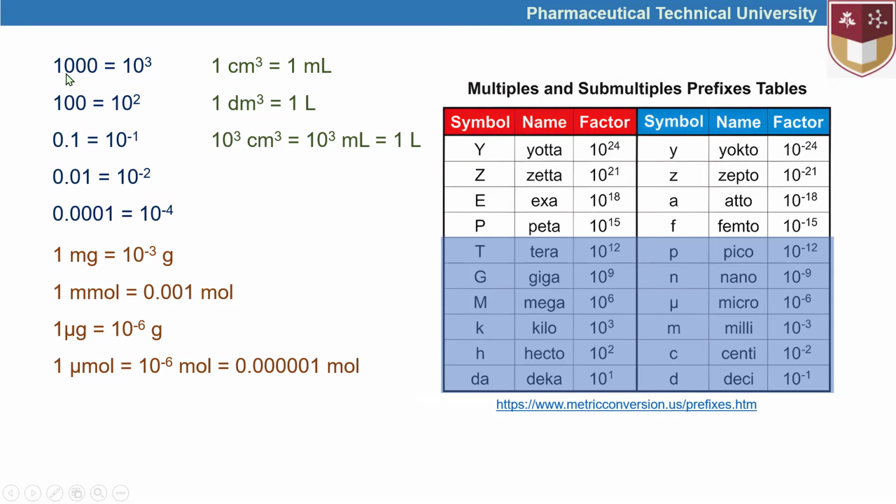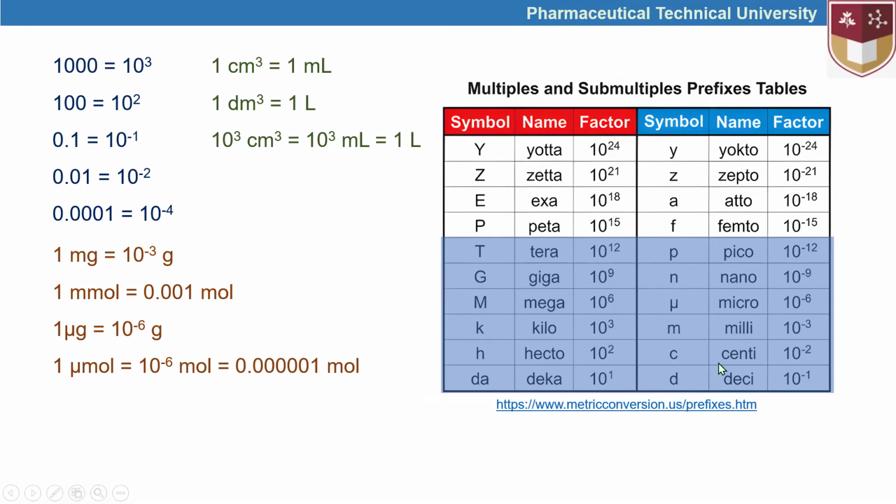zeros after 1. And vice versa, if we have 10 to the power of minus 2, it means before 1 there are 2 zeros, or if we have 10 to the power of minus 4, it means we have 4 zeros before 1. These are the things we have to keep in mind.